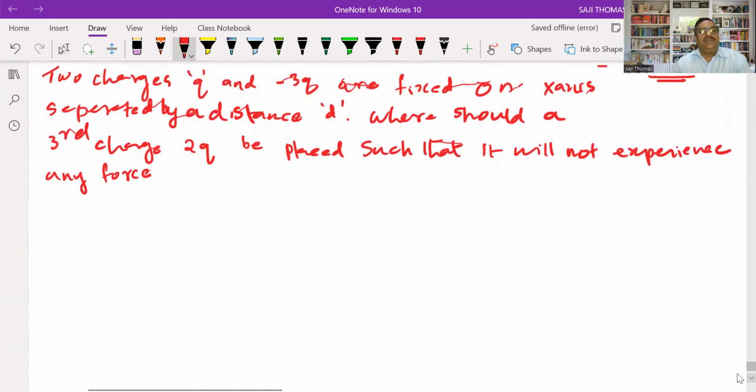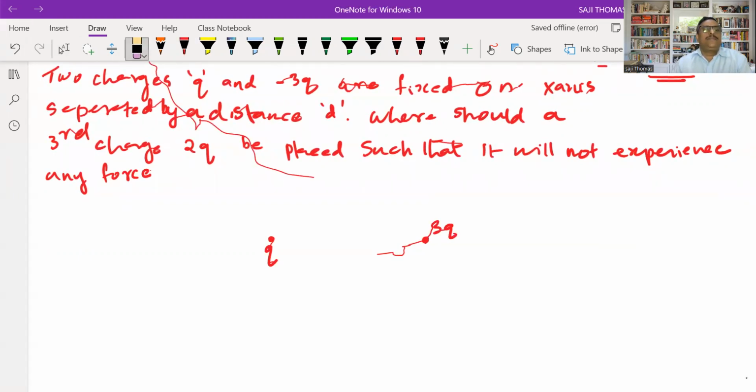So we'll draw the diagram. This is charge small q. Another charge is minus 3Q here. These are separated by a distance small d.